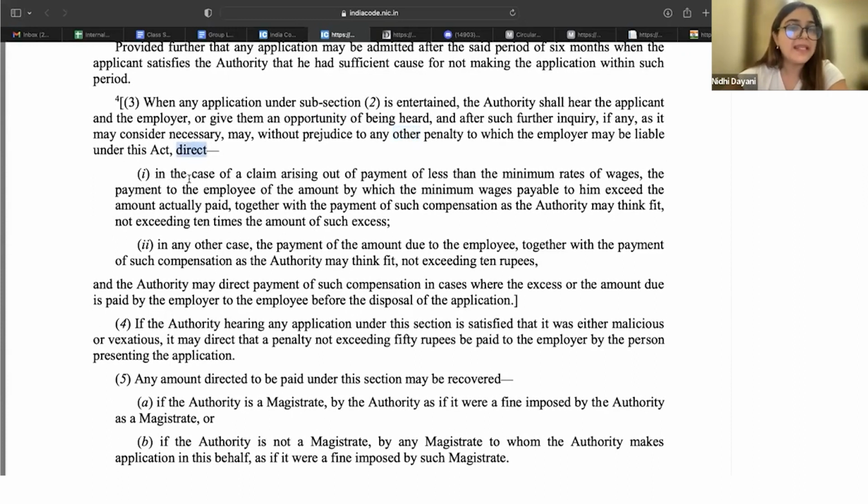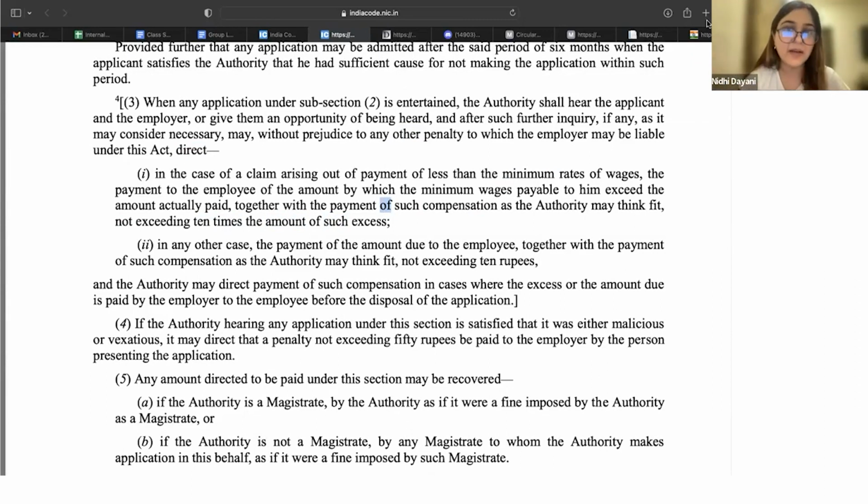Number 1, in case of a claim arising out of payment of less than minimum rates of wages, the payment to the employee of the amount by which the minimum wages payable to him exceed the amount actually paid, together with payment of such compensation as the authority may think fit, not exceeding 10 times the amount of such excess. So in addition to the amount I should have received, I can get compensation up to 10 times that amount.